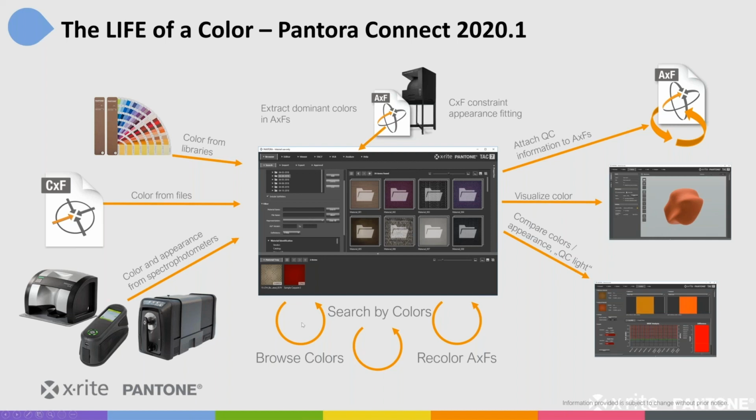So we're also able to recolor AXFs, search and browse, and then in the future we're going to be adding more quality control information to the AXF, and then also the ability to compare colors, so another type of quality control. And lastly, what's the important aspect here is the idea of digital prototyping.